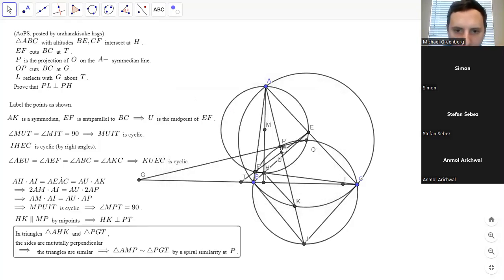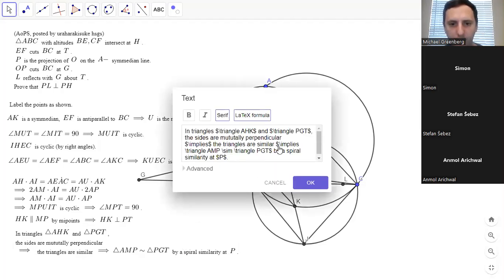And that means that if AMP is similar to PGT, then PAH is similar to PGL.